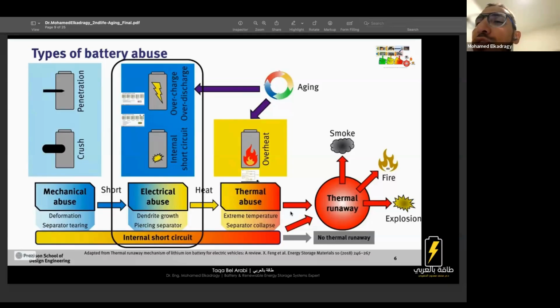I always say if it's black smoke, you have to run. If it's white smoke, you have to run much faster, because the white smoke from today's chemistry includes hydrogen and sometimes hydrogen fluoride, toxic and explosive gases which can get into explosion and fire very easily.